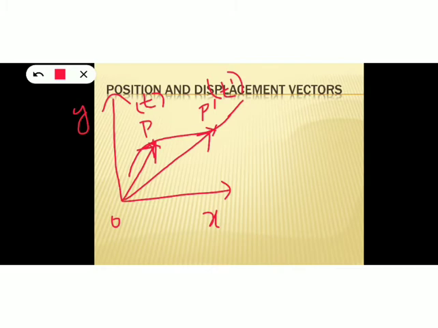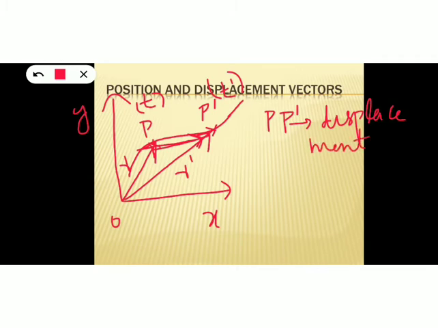Now let OP be equal to r, and let OP dash be equal to r dash. Then what is the displacement vector here? The displacement vector is the line joining P to P dash. If we draw a line from P to P dash, the vector PP dash gives us the displacement vector.